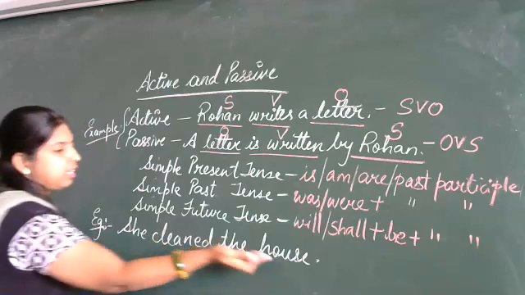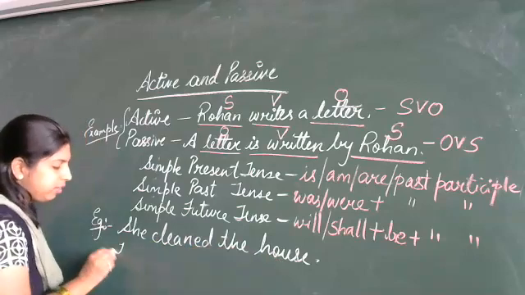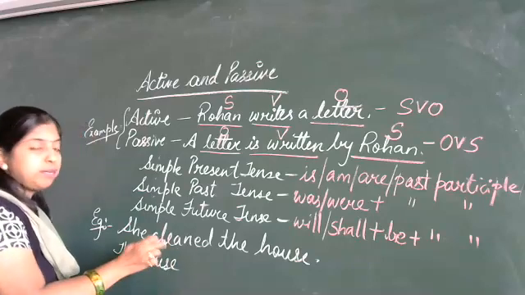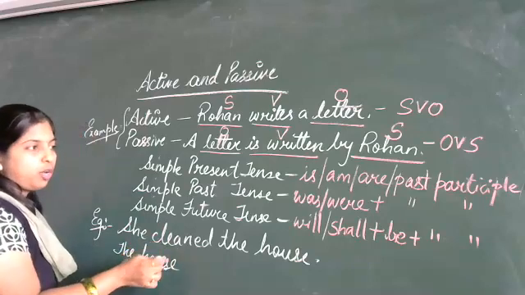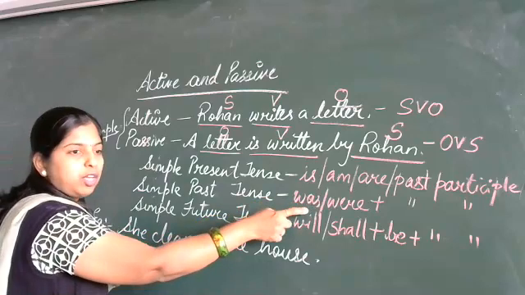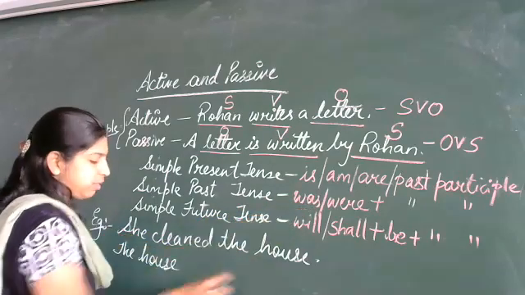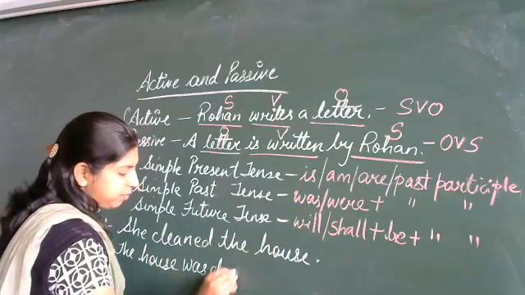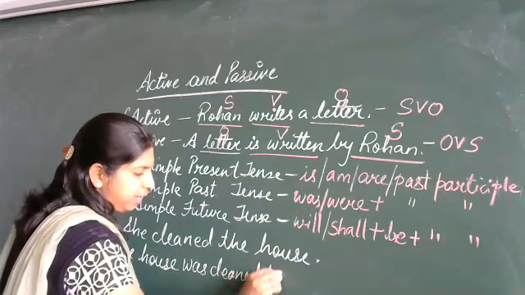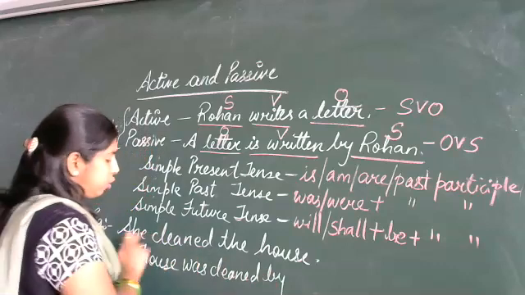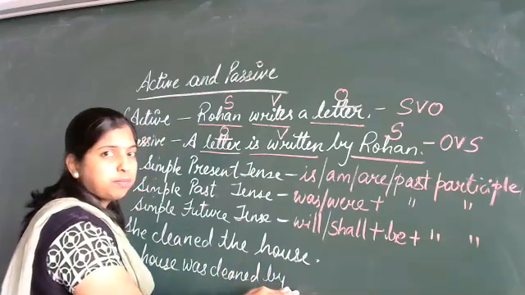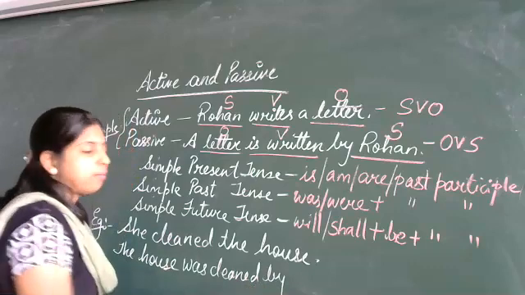So how you are going to change? The object comes here, the house. Now this is in past. So what word you are going to use? You are going to use was. Was claimed by. She changes to by her.